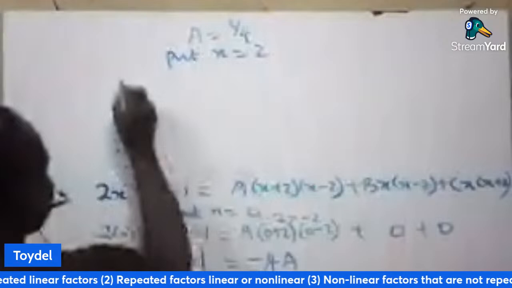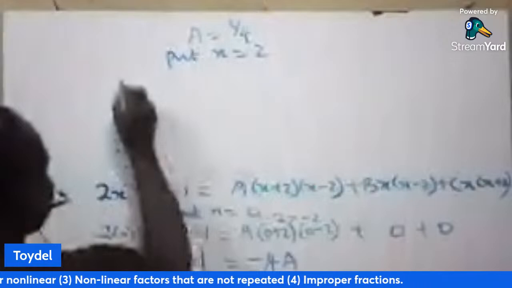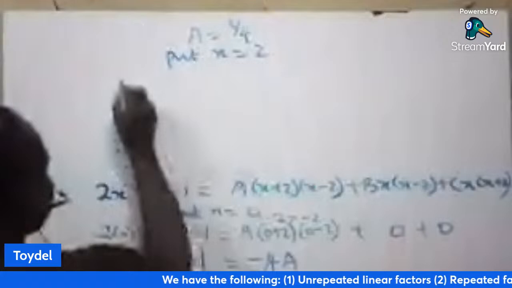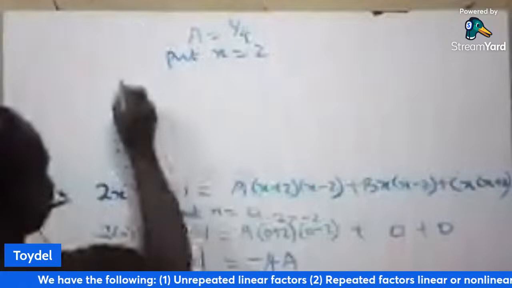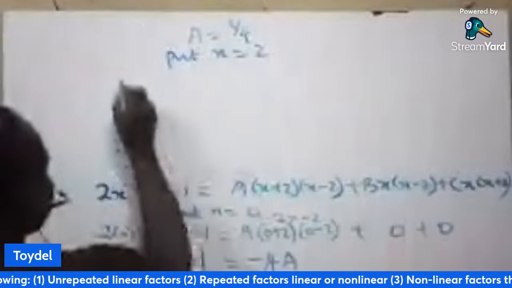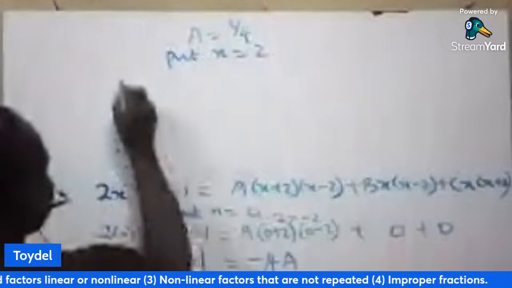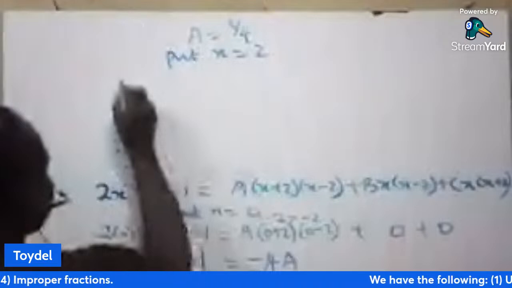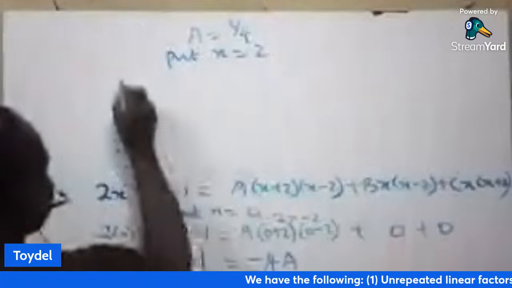So when x is equal to minus 2, squared plus 3 into bracket minus 2 minus 1, so it being equal to b.